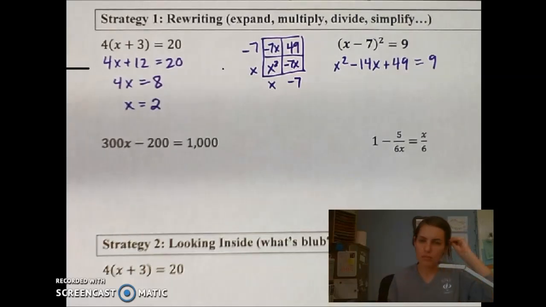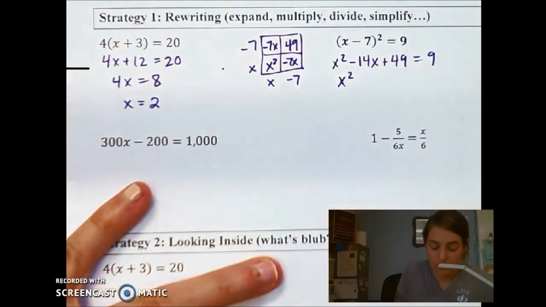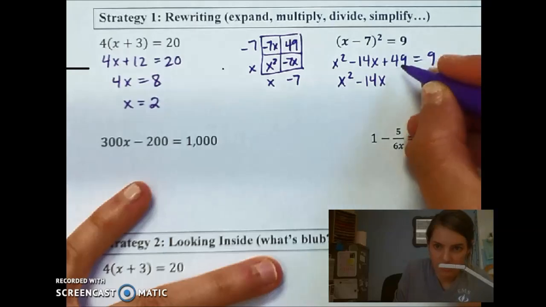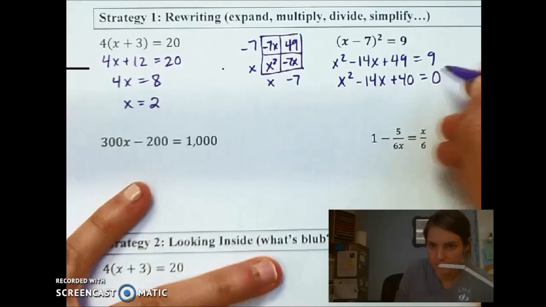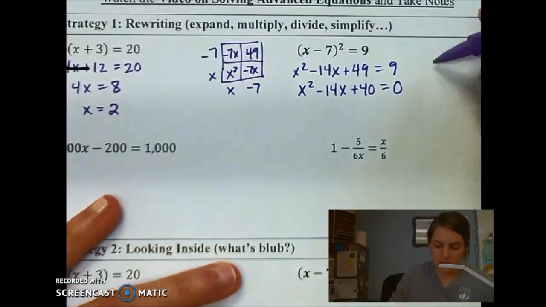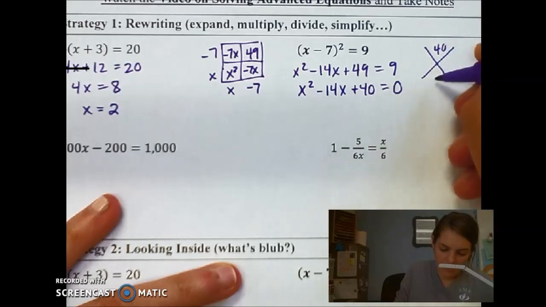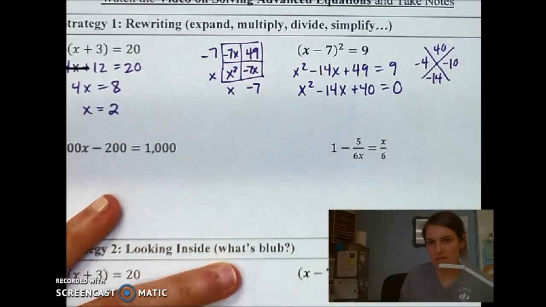So then we're used to solving quadratics that look like this, but we like to have it equal to 0 so that we can either factor or do the quadratic formula. So if I bring this 9 over here, then it would be plus 40 and equal to 0. Which, if it would factor, there would be numbers that multiplied to 40 and added to negative 14, which is negative 4 and negative 10.